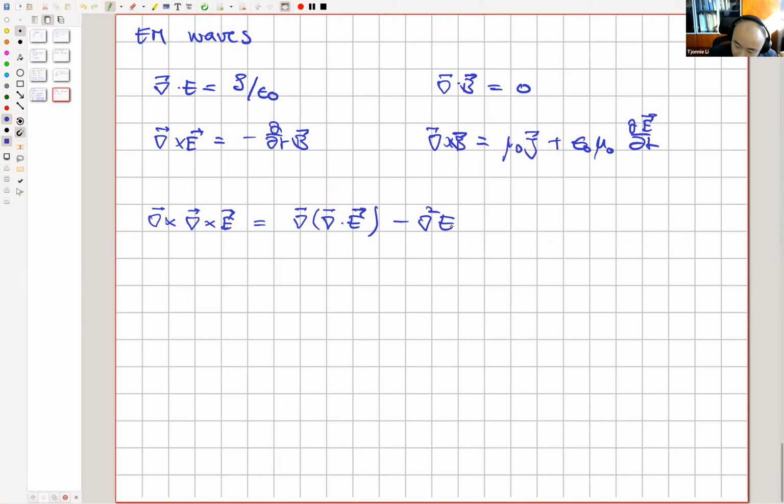Okay, so this is an elementary differential vector operator result.